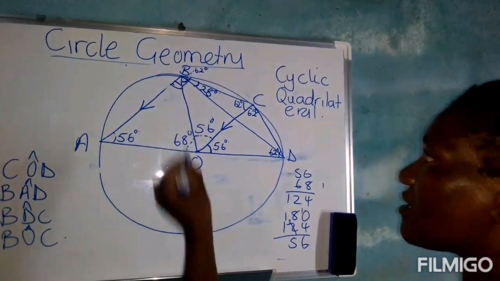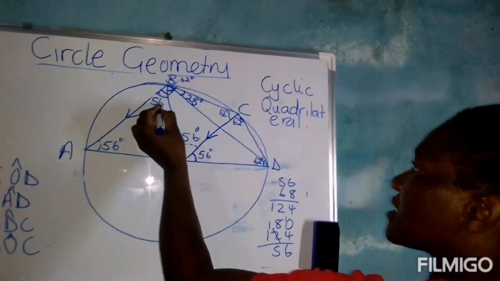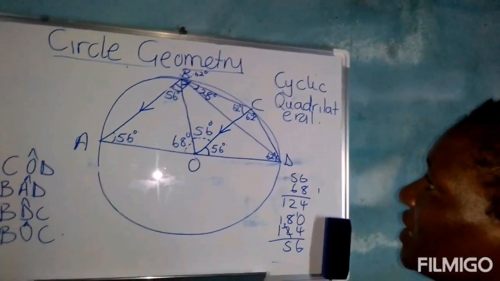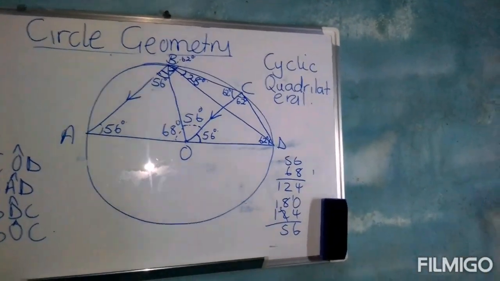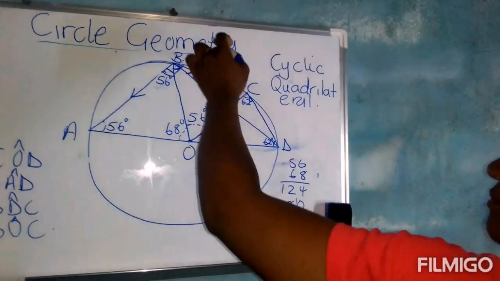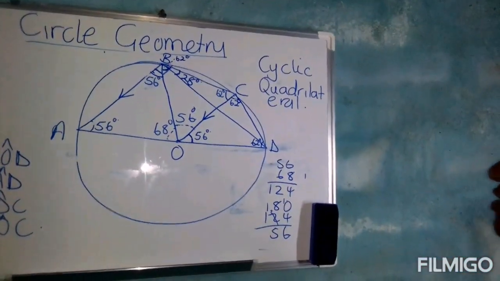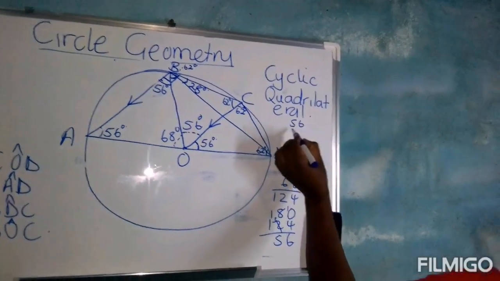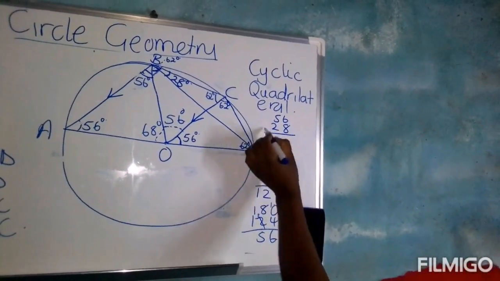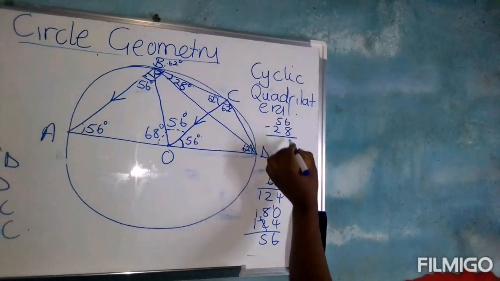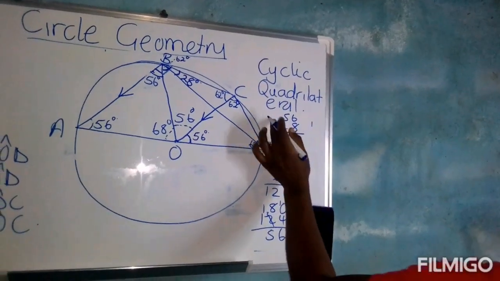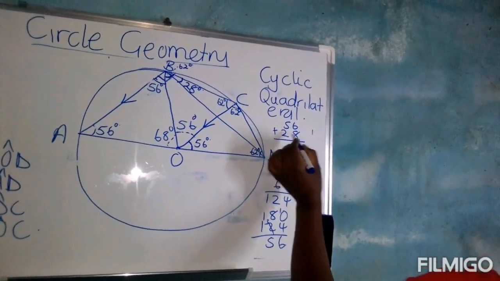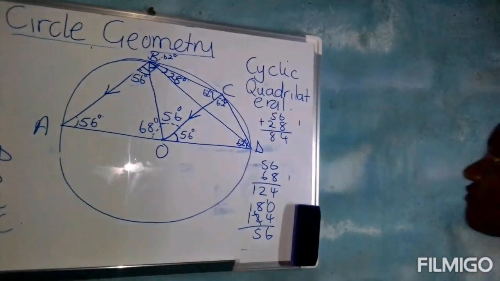So this is 56. I hope I'm correct there. If we add 56 plus 28, what do we get? I want to verify there. 56 plus 28, this is 84.